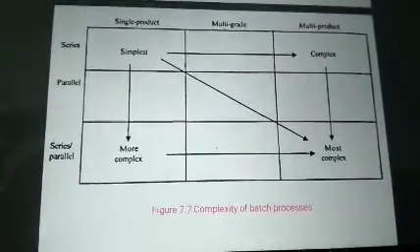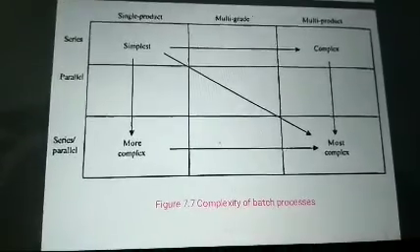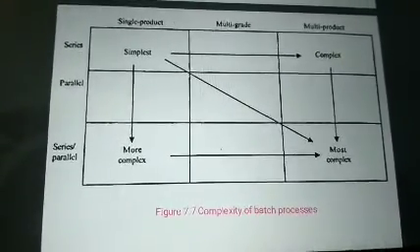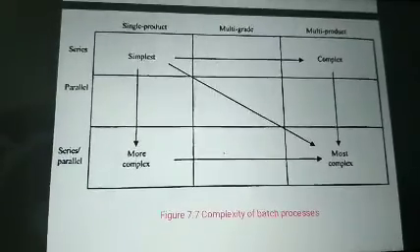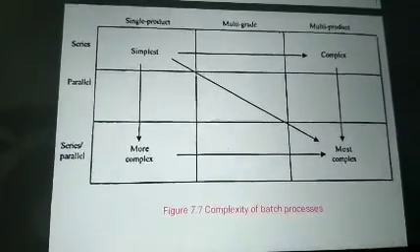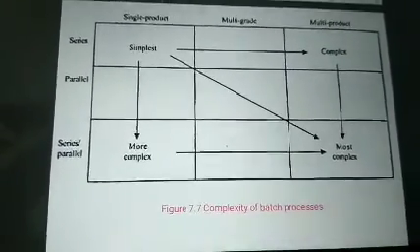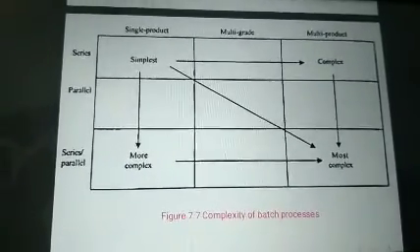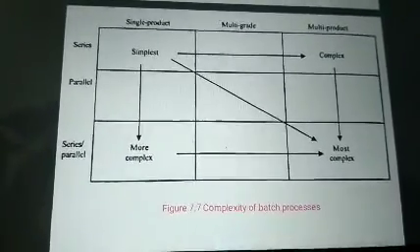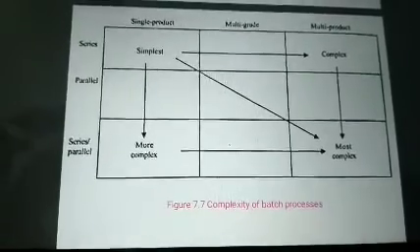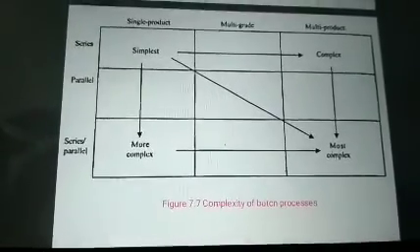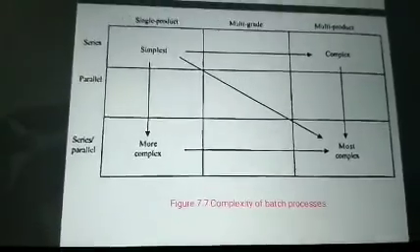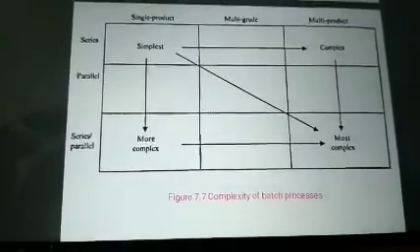For parallel operation, everything is of moderate value, but for a multi-product in series operation, it can go from being the simplest to the more complex directly. That is, in case of a single product and a multi-product, the series operation is the simplest, and the most complex comes down to the series/parallel operation, which is also the most sophisticated.